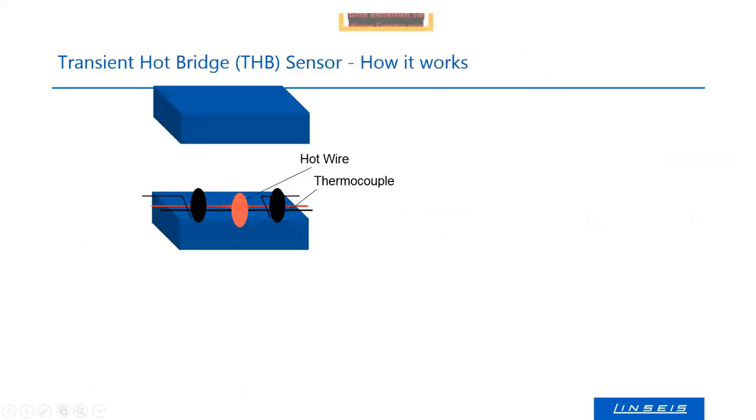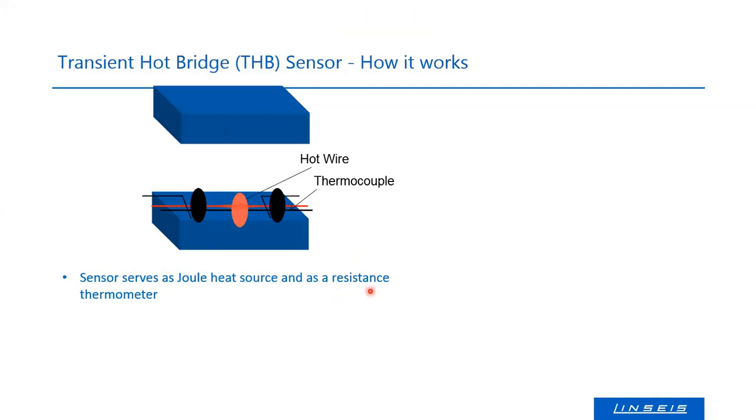The measurement itself is quite easy. For a solid, you have to apply your sensor between two sample halves. The sensor is acting as a heater and a thermometer at the same time.